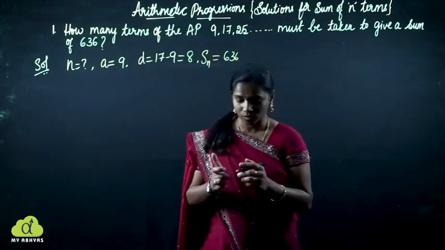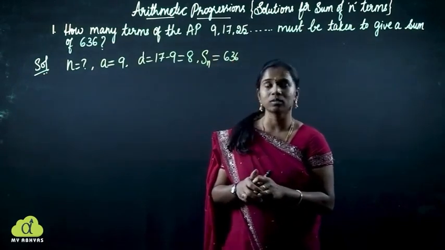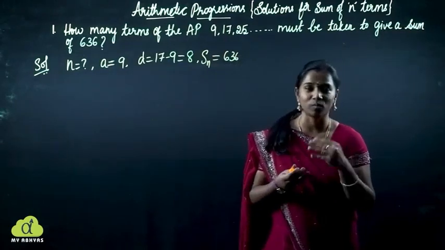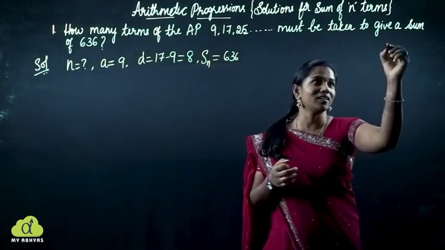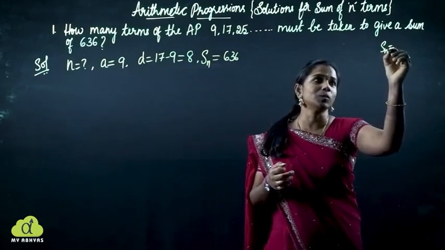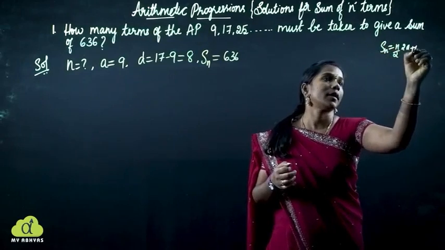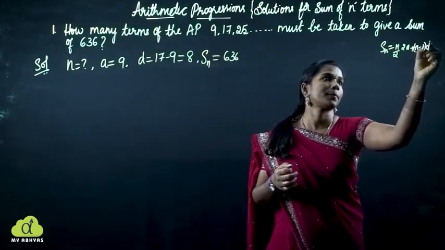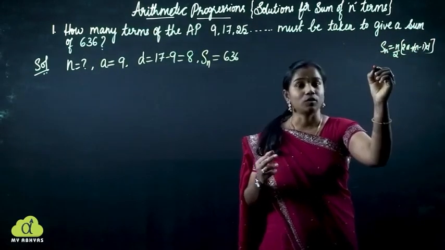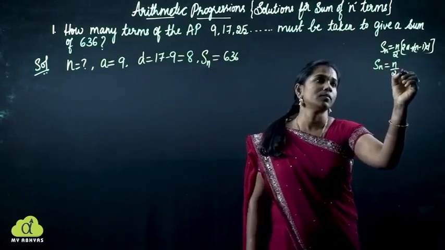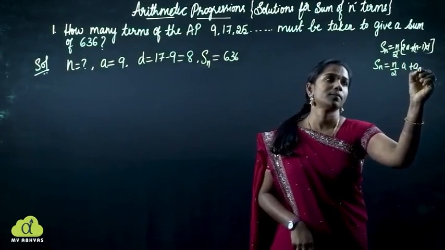Now you may be thinking of the formula. Which formula to use? Just recall and go back to your formula card. My card is ready here. It is Sn is equal to n by 2, 2a plus n minus 1 into d. And one more formula: Sn is equal to n by 2, a plus an.